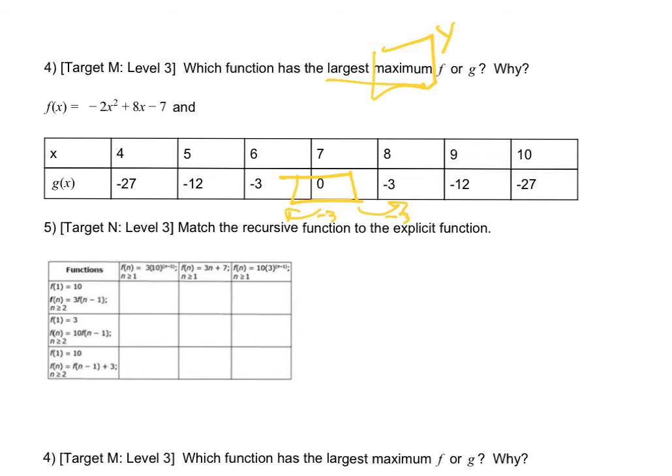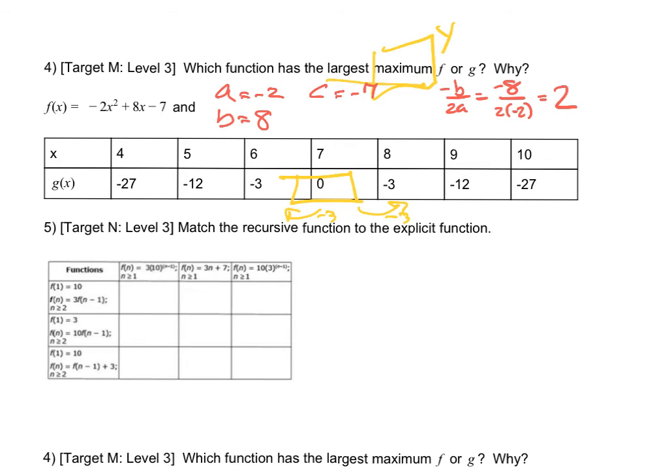So in our f equation, if we had the equation in vertex form, we'd be done. It's not, which is annoying. So try to use that negative b over 2a thing. So our a is minus 2, b is 8, c is negative 7. So negative b over 2a is equal to negative 8 over 2 times negative 2. All of this simplifies to positive 2.